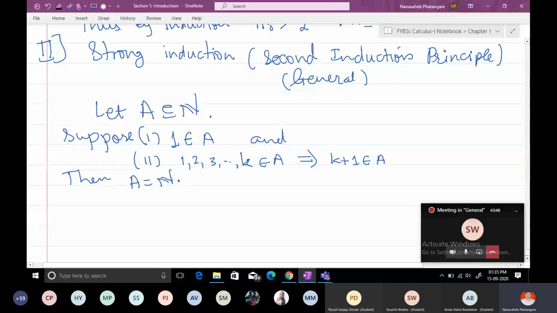What does it mean? If your set satisfies these two properties 1 and 2, then it contains all natural numbers. That is the meaning of this induction principle.